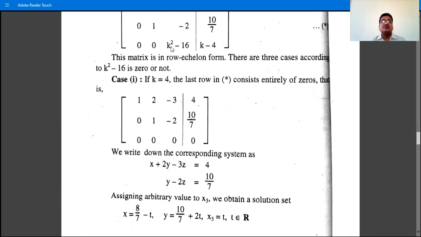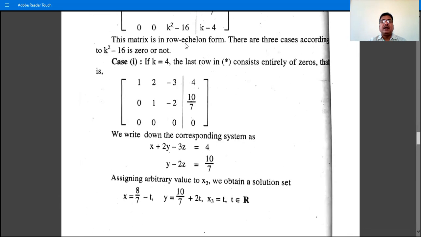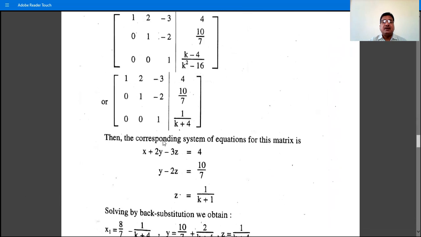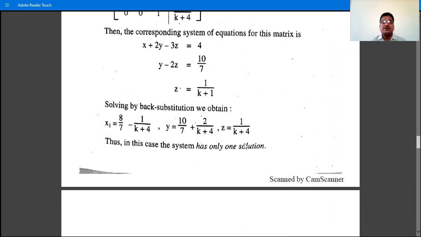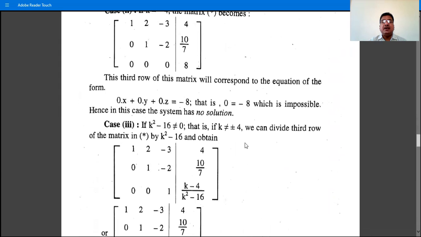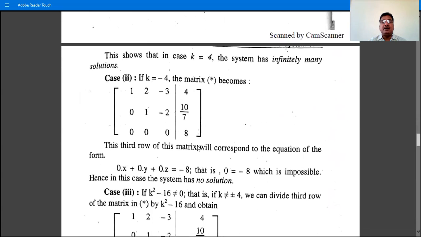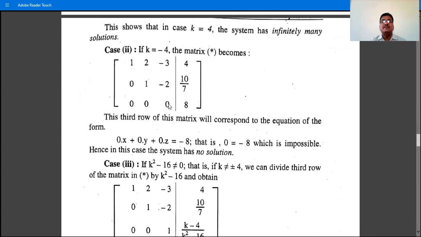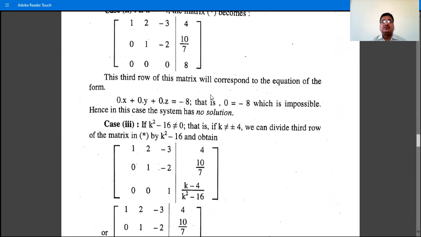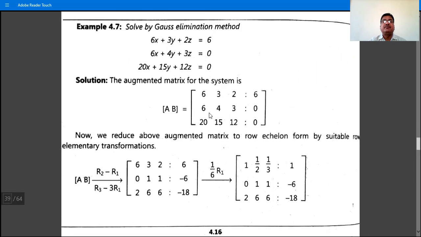In this case rank of A is equal to rank of AB is equal to 3, which is equal to the number of variables, and therefore the system has a unique solution. If k is equal to 4, the system has infinitely many solutions, and if k is minus 4, the system has no solution.